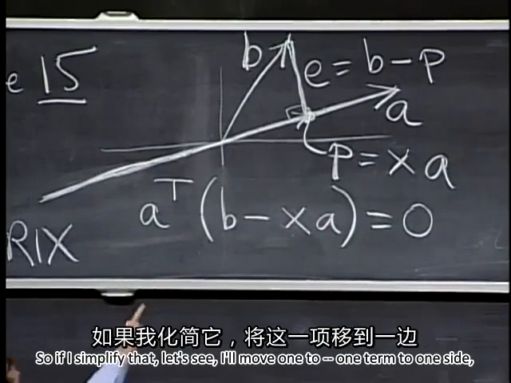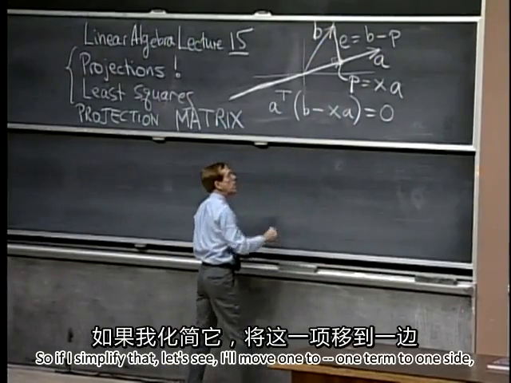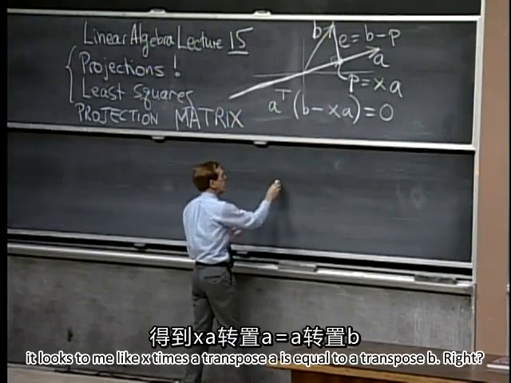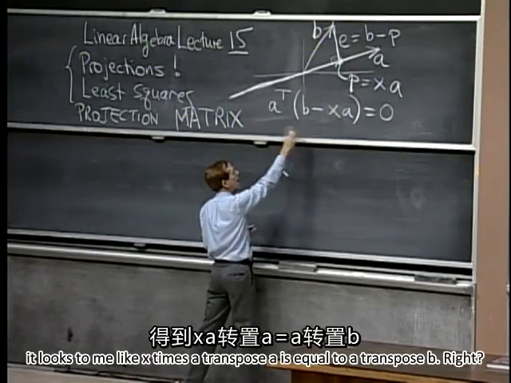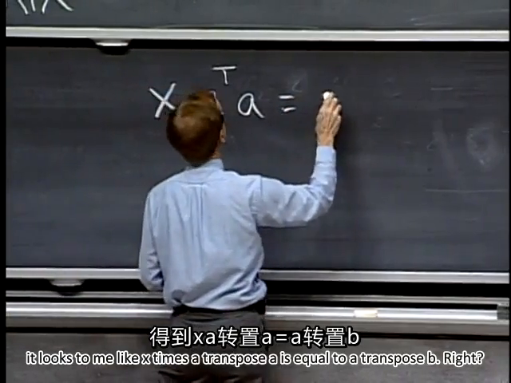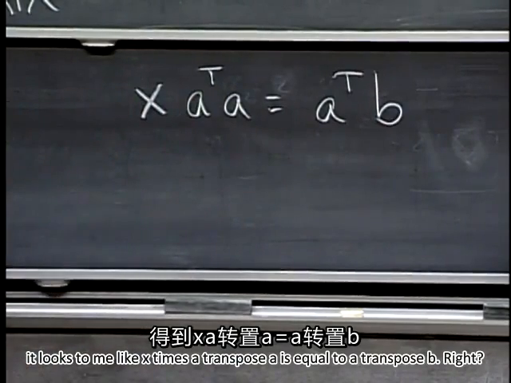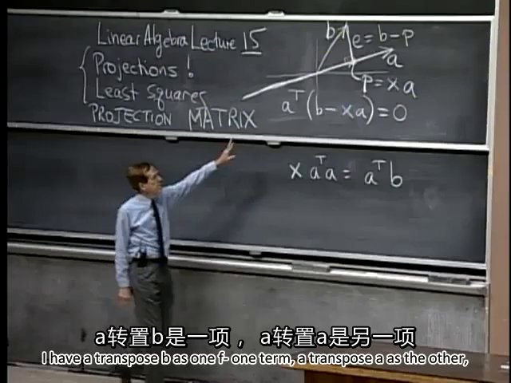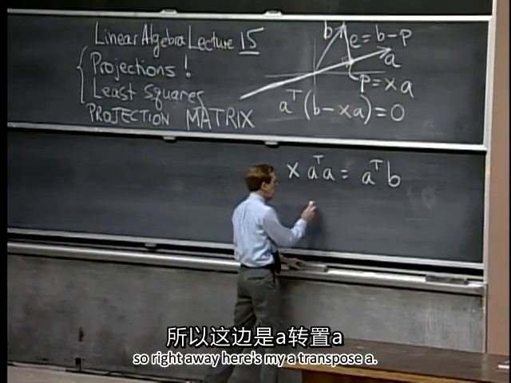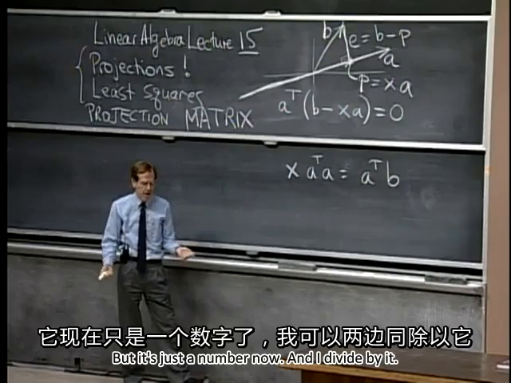Okay, so if I simplify that, I'll move one term to one side, the other term on the other side. It looks to me like x times A transpose A is equal to A transpose B. I have A transpose B as one term, A transpose A is the other. So right away, here's my A transpose A, but it's just a number now.